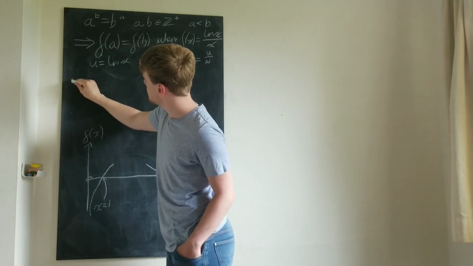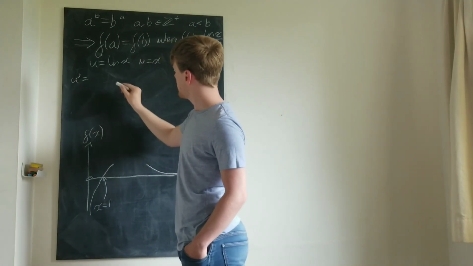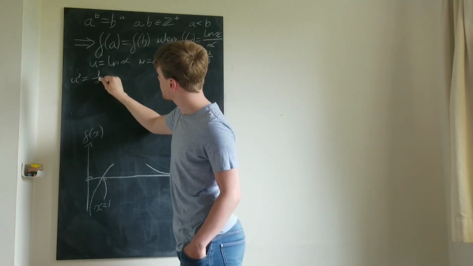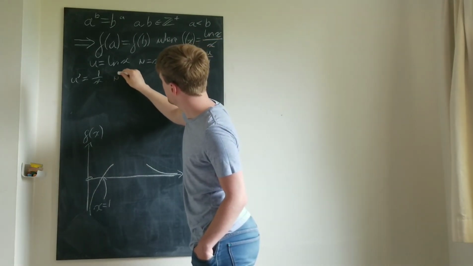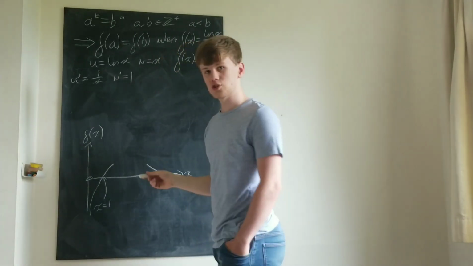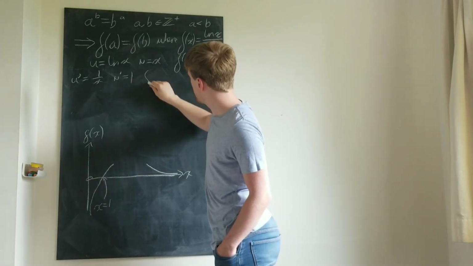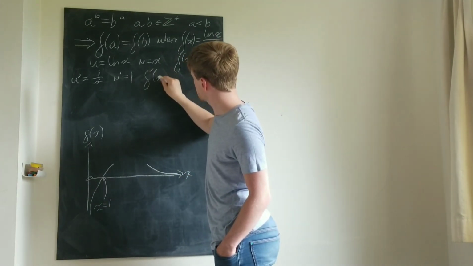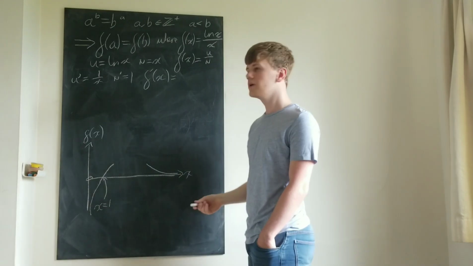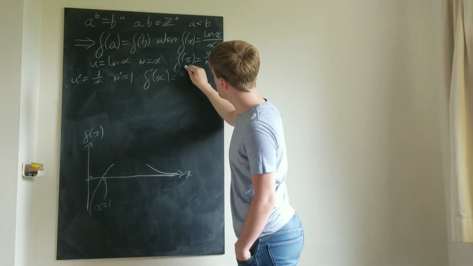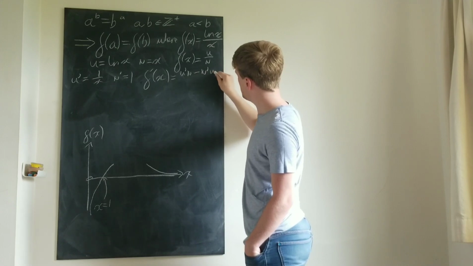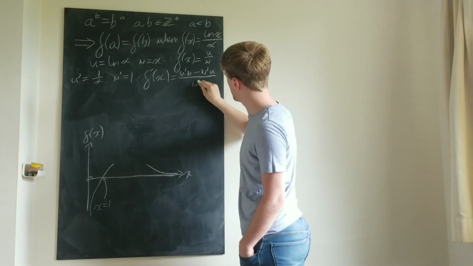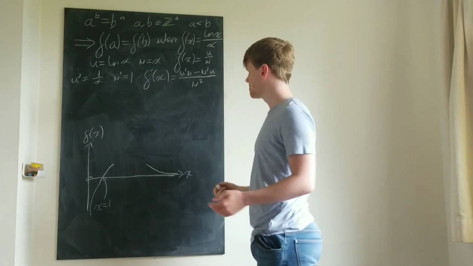So differentiating u with respect to x, we get that u dash is going to be 1 over x. Differentiating v with respect to x, we get that v dash equals just 1. And so now f dash of x by the quotient rule is going to be u dash v minus v dash u divided by v squared.